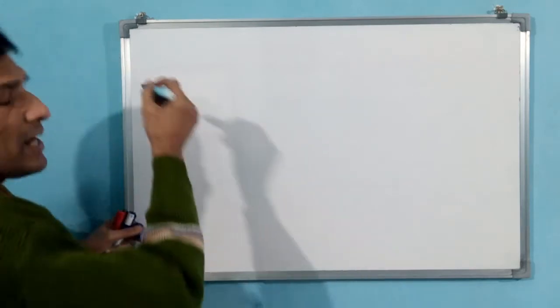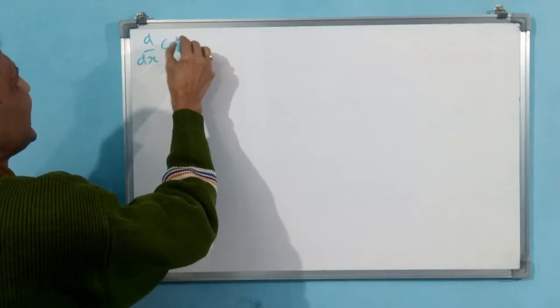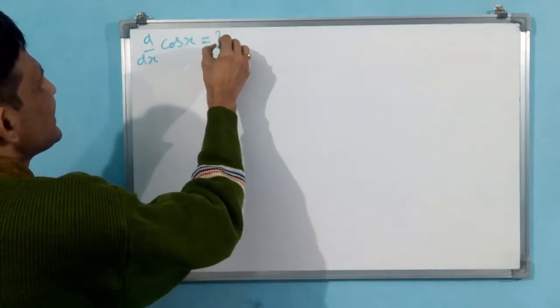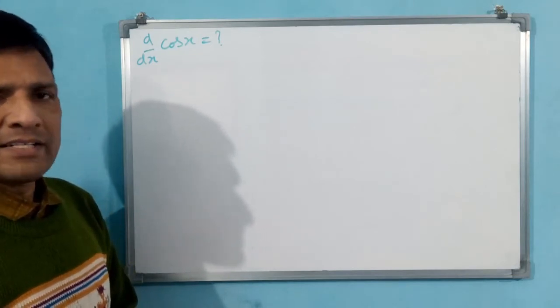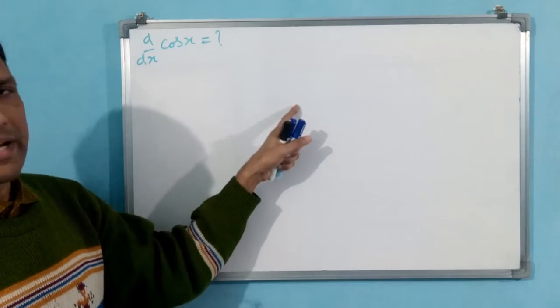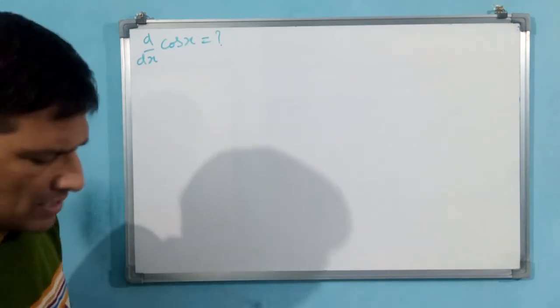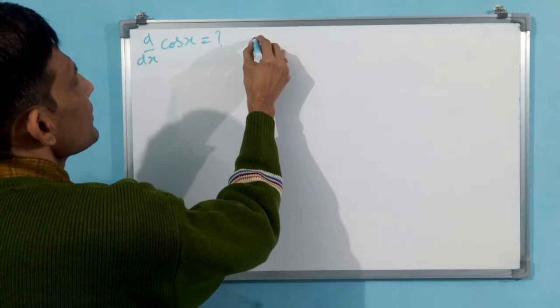Now let us take d by dx cos x. What is d by dx cos x? Now also you have to find limit delta x tends to 0, f of (x plus delta x) minus f of x by delta x, like this only. Let us find this. See how I am writing.